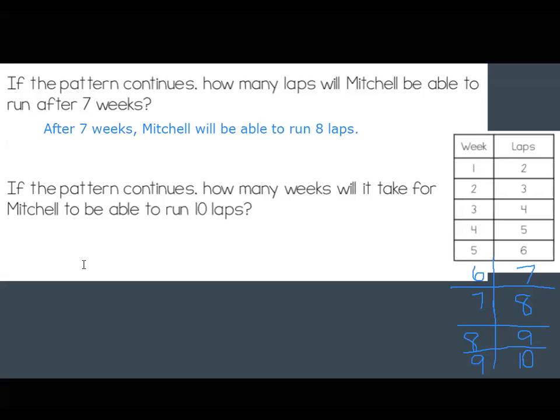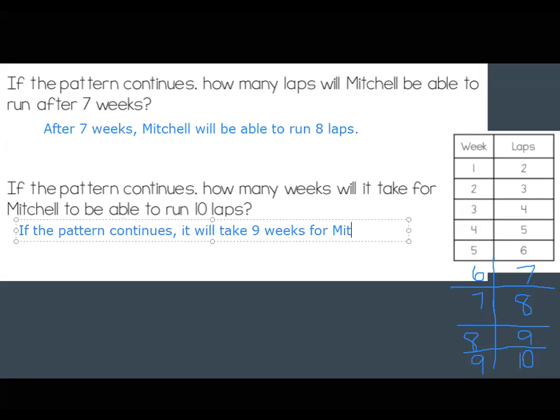So to answer that question, if the pattern continues, it will take 9 weeks for Mitchell to be able to run 10 laps.